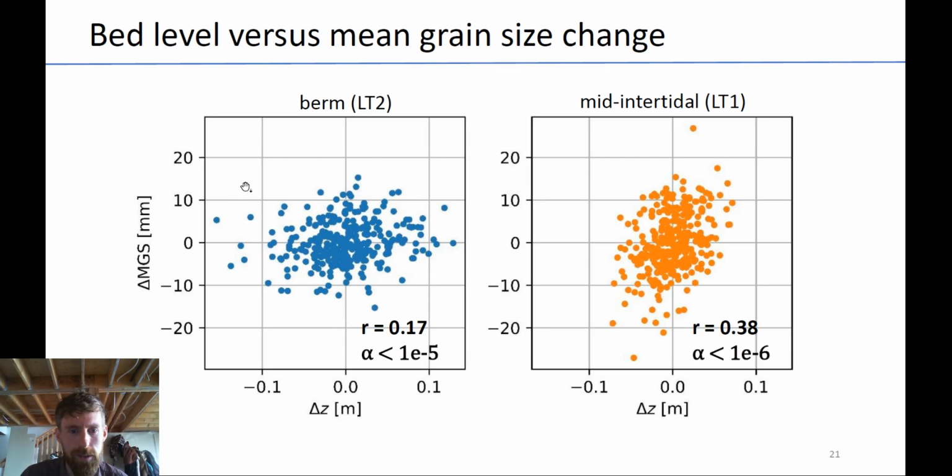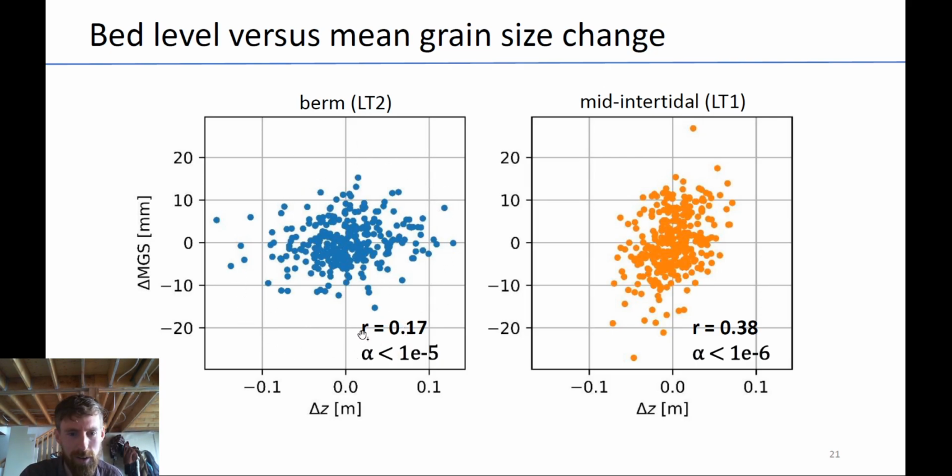Interestingly, even though we might expect to see a correlation between grain size and elevation at the berm, because we know that's a region where this sort of thing shows up, we really don't see any signal of that here, or nothing visual at least.